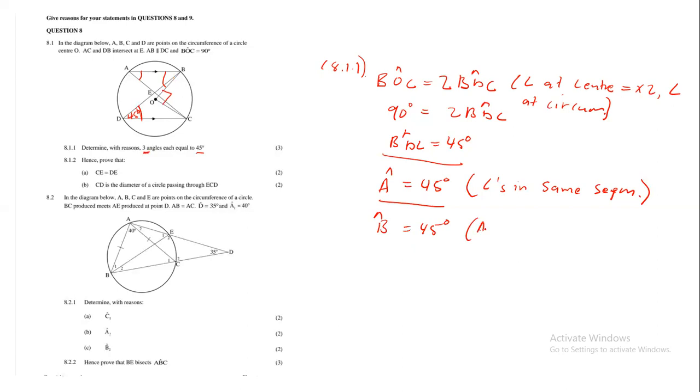The reason is that we have the alternating angles, since AB is parallel to DC. You write it down as your reason. We have the alternating, or we can say equal angles due to alternating angles, since AB is parallel to DC, and this will be the third angle that is equal to 45 degrees. And I hope that it is clear now.